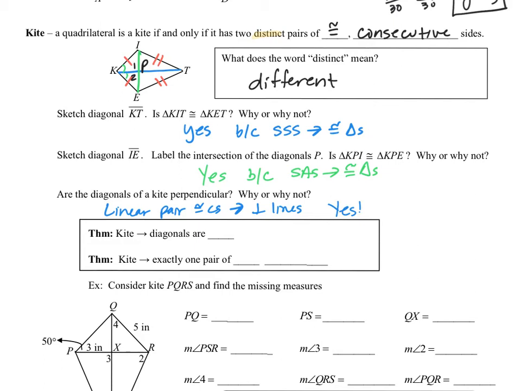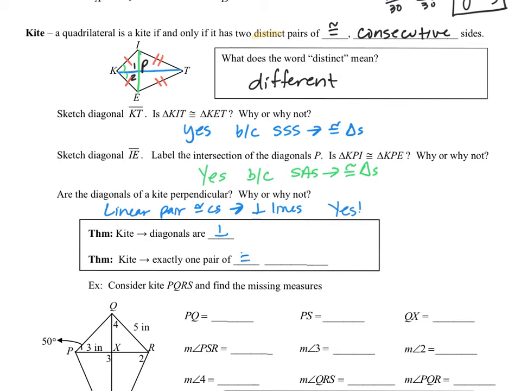That leads us to these two little theorems. The first one says, if we have a quadrilateral that's a kite, the diagonals are perpendicular to each other. The second theorem says a kite is always going to have exactly one pair of congruent angles.